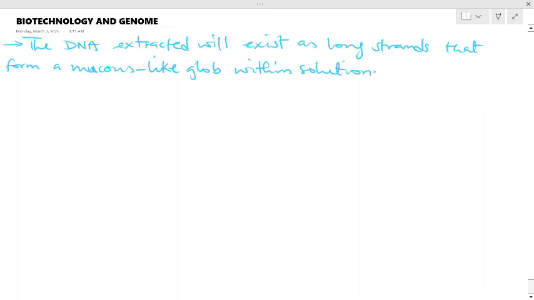As it's within the solution like that, it contains a lot of what? Contaminants. So it comes with other compounds.